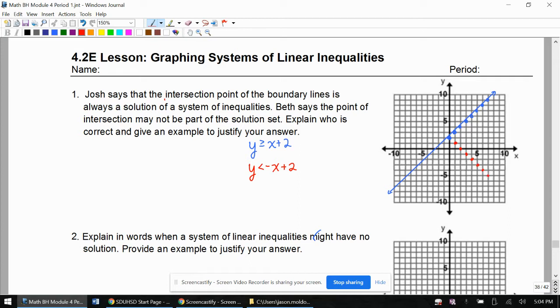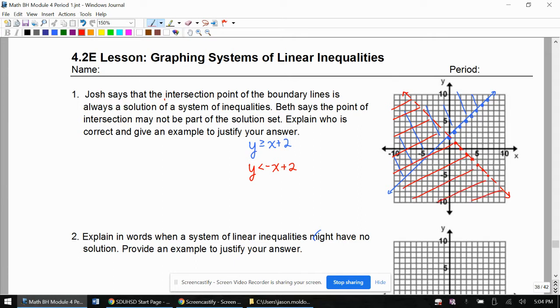And this one's going to be dashed, and shaded below. All right, when we look at shading these, you're welcome to do some partial shading. This one was above, and this one is below.